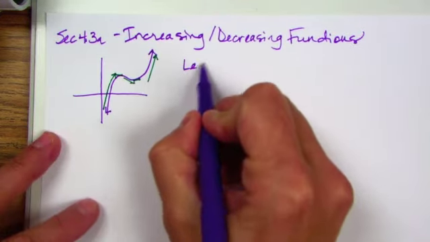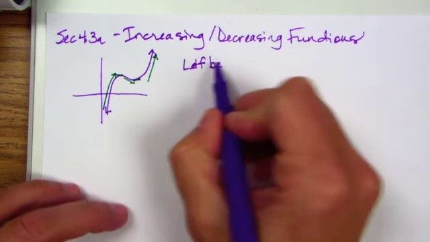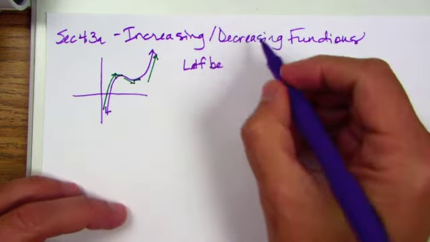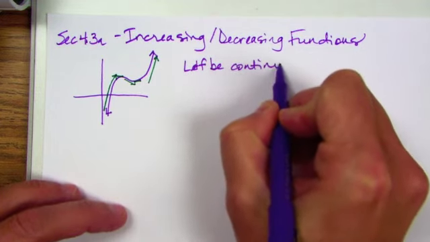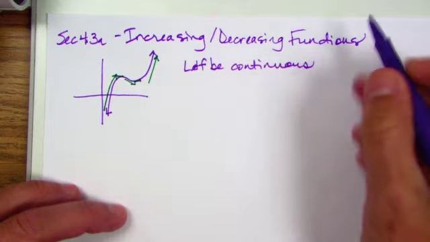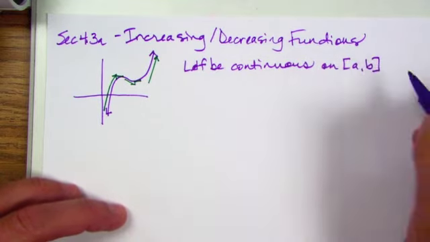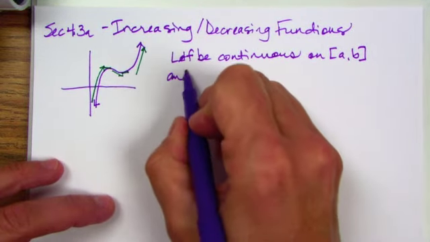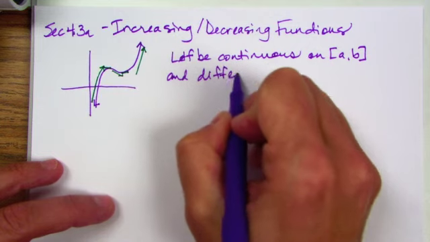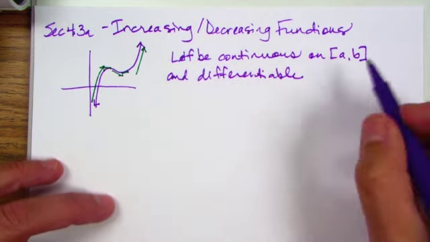So let's formally state that, I guess. Let F be continuous on the closed interval AB and differentiable. Where would I say it's differentiable?